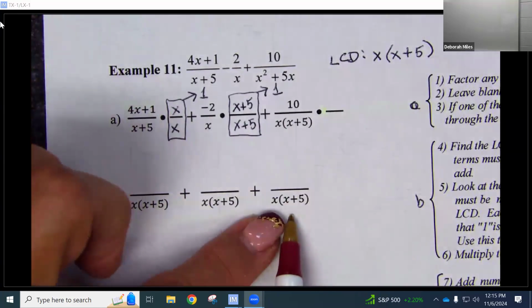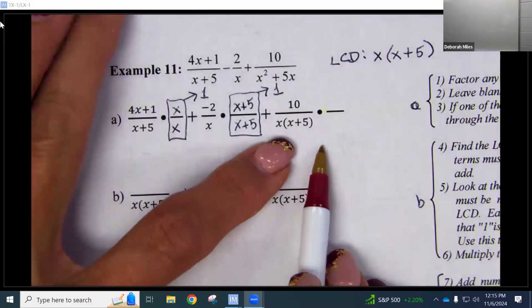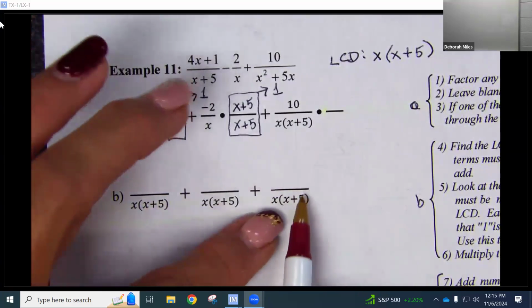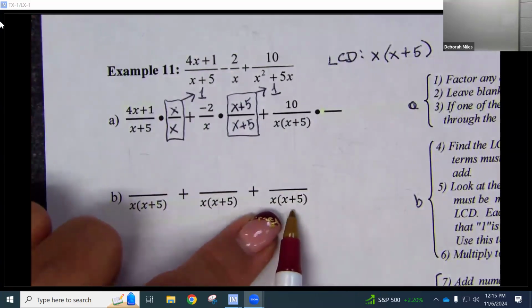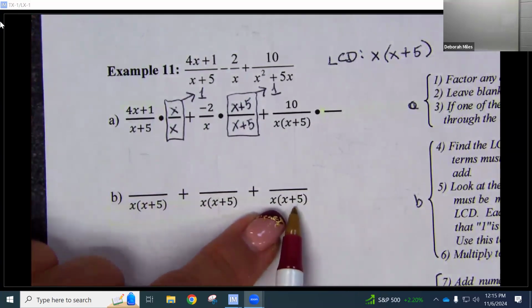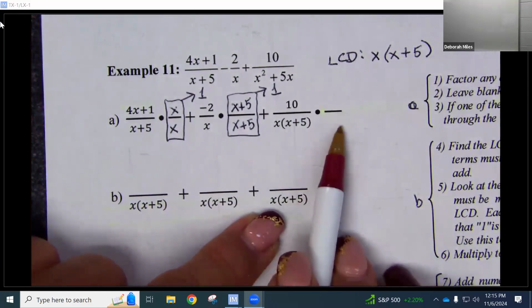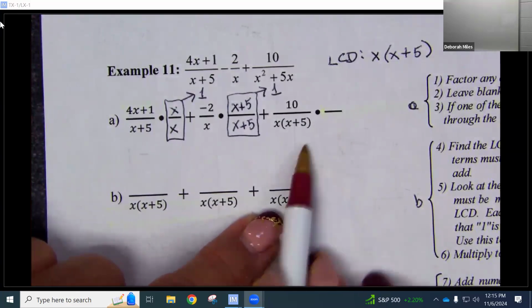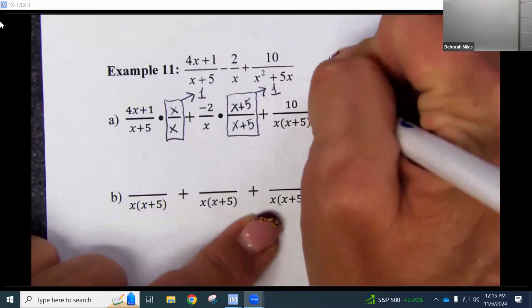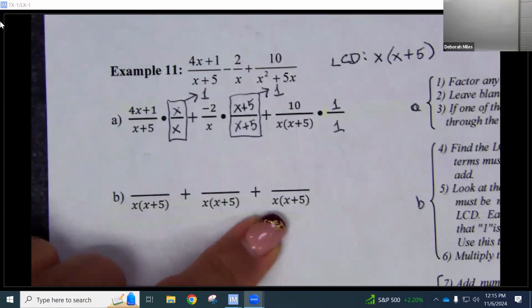Well, it already has an X and an X plus 5. So, Chloe, when you shook your head, you didn't mean 0. I don't want to multiply it by 0, but since I can't erase that blank that's printed, I'll just put a 1 over 1 there. I don't really need to multiply it by anything.